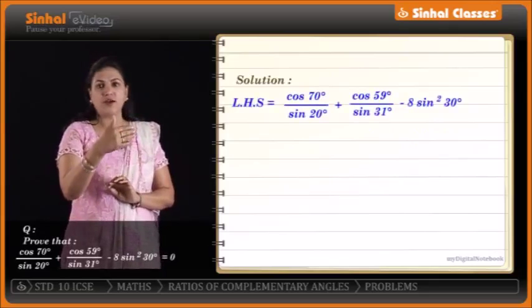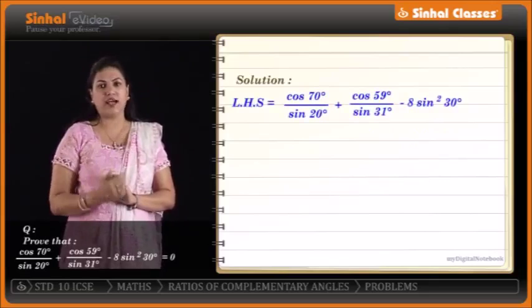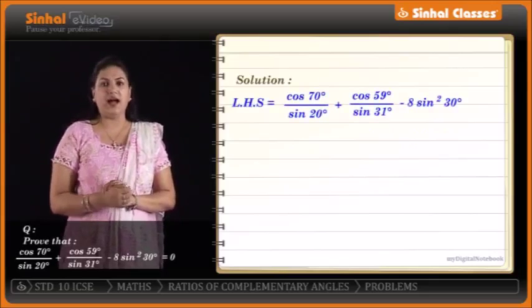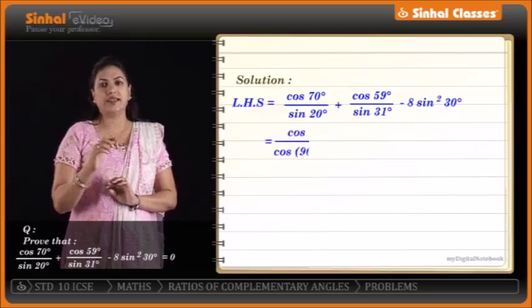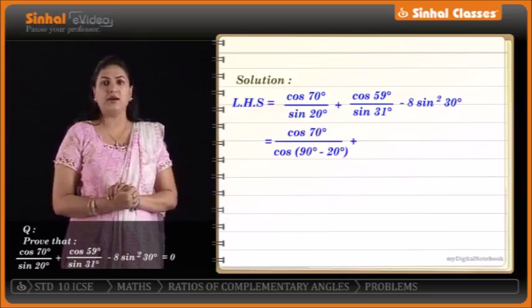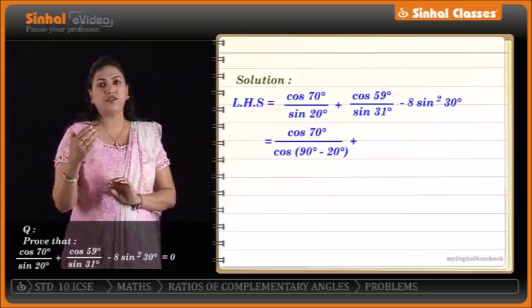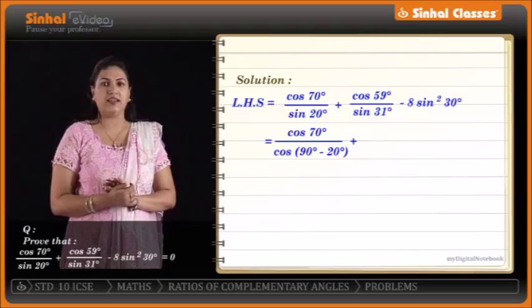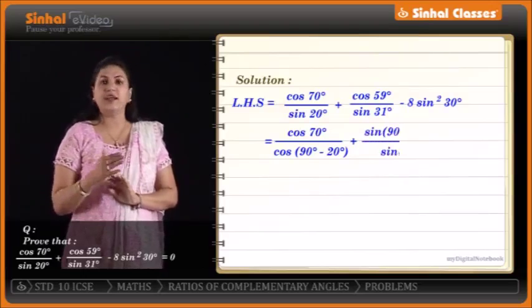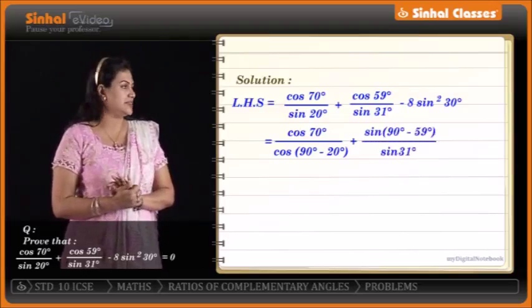Here we have cos 70 upon sin 20. Now sin 20 can be written as cos 90 minus 20, and in the second term we write cos 59 in terms of sin as sin 90 minus 59 upon sin 31 as it is.